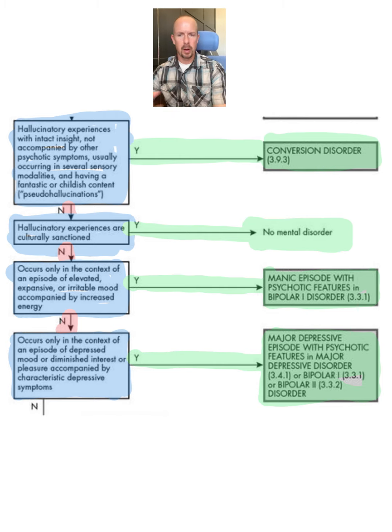Or if they've already had a hypomanic episode before and they've had bipolar, it would be bipolar 2 with psychotic features, in the case that they're now having a depressive episode in the midst of having bipolar 2.